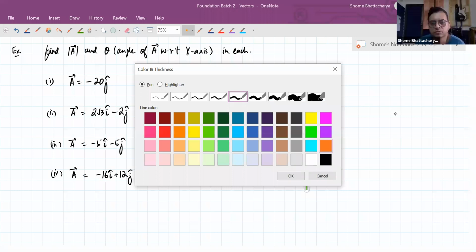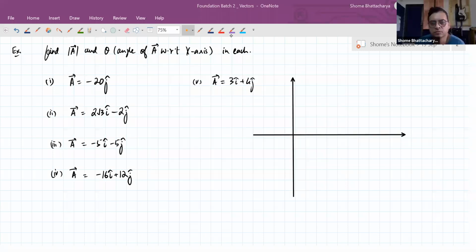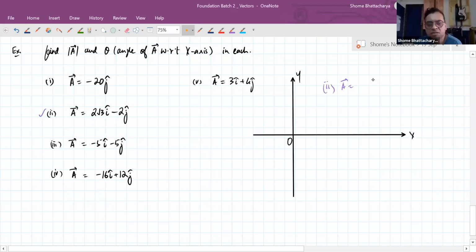For example, this second one, 2 root 3 i cap minus 2 j cap. Okay, so if we draw the components, they will look like this.